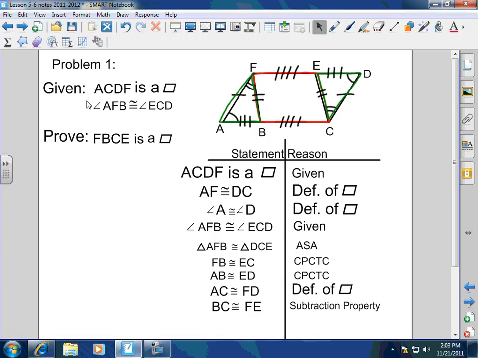Okay, we get to our proof. FBCE is a parallelogram. Why? Fantastic. If both pairs of opposite sides are congruent, then the quadrilateral is a parallelogram.